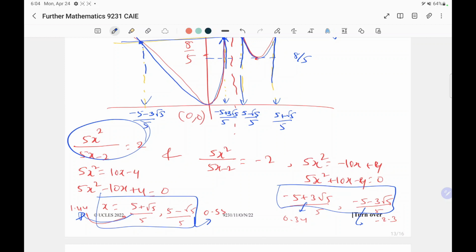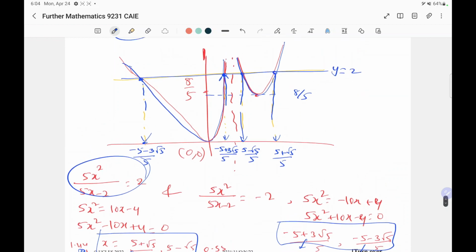So the least is minus 2.3, which is (-5 - 3√5)/5. Then 0.34, which is (-5 + 3√5)/5. Then 0.55, (5 - √5)/5. And the highest is 1.44, (5 + √5)/5.